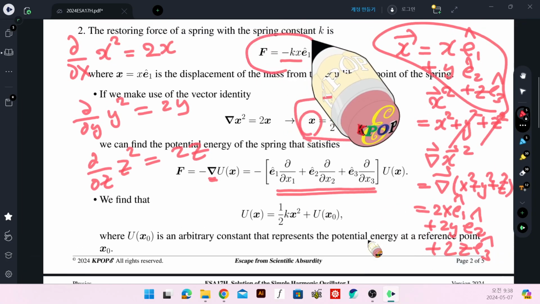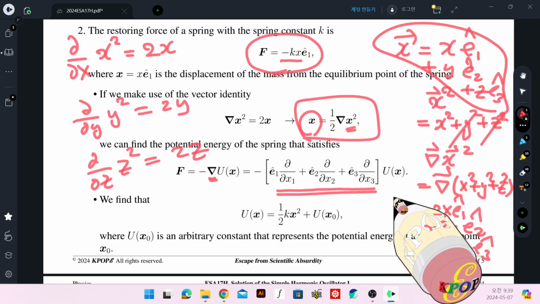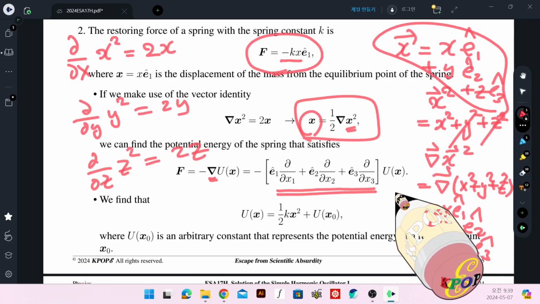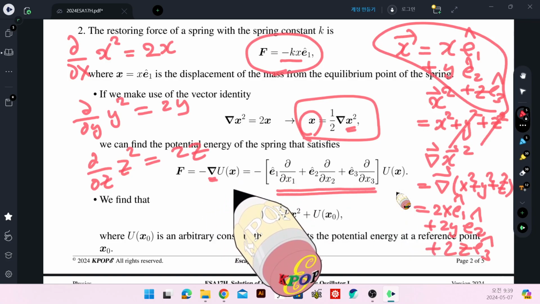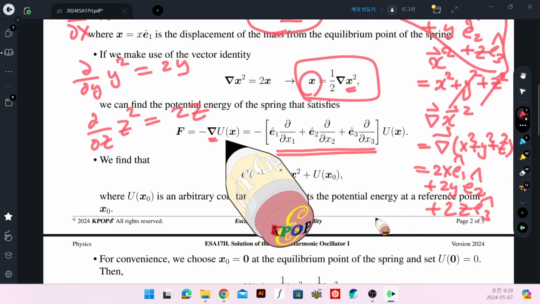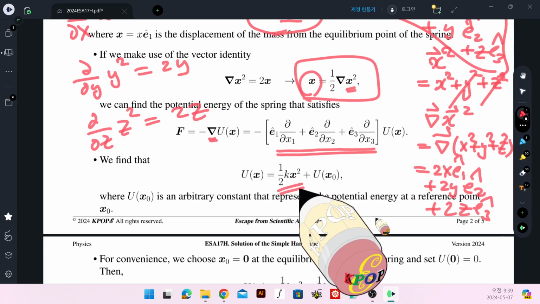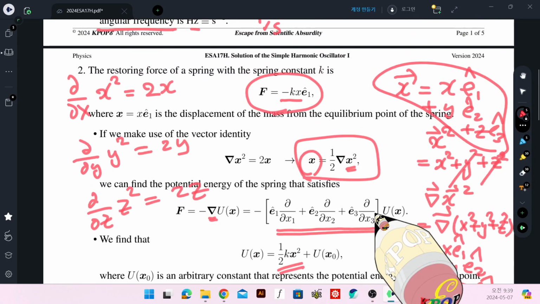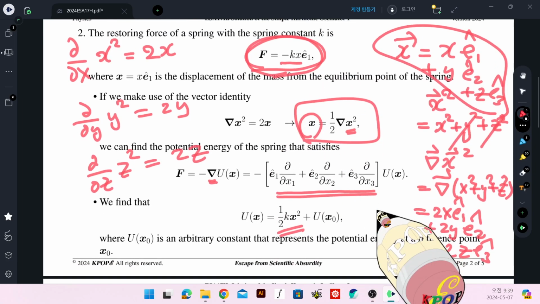Therefore, we can express this restoring force, defined in the three-dimensional Euclidean space, as a minus gradient of something called the potential energy. So minus gradient of 1/2 kx squared is the same as the restoring force.